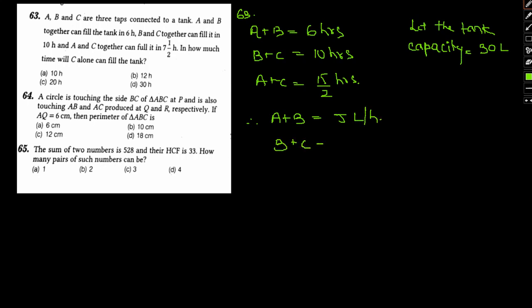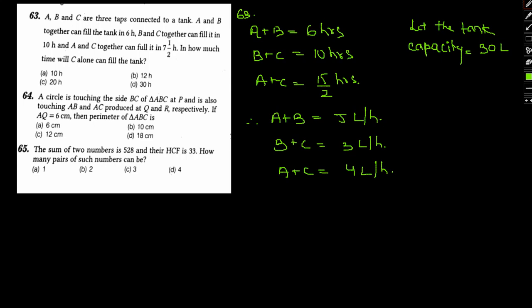B plus C will be 30 by 10, that is 3 liters per hour, and A plus C will be 30 by 15 by 2, that is 4 liters per hour. So this is what we have. Now what else do we do? We need to find C.